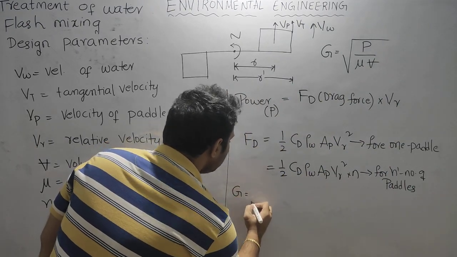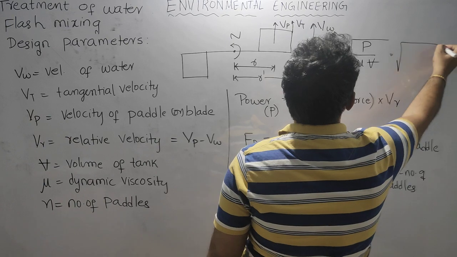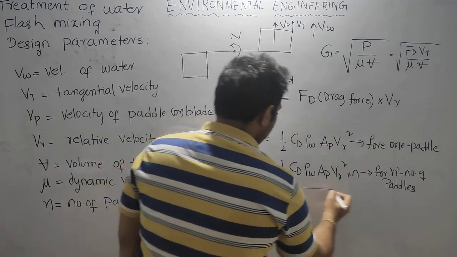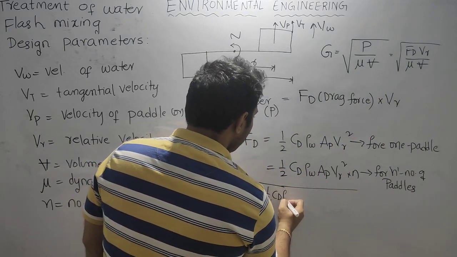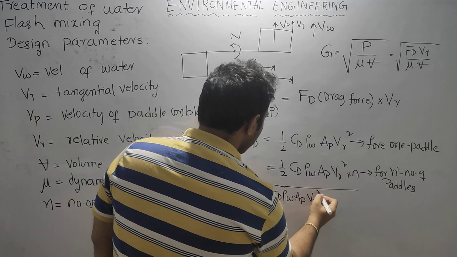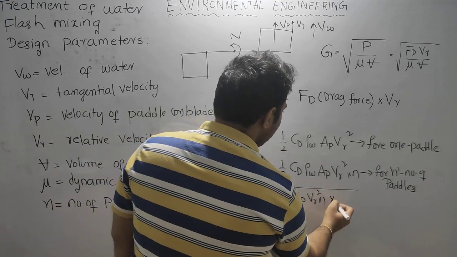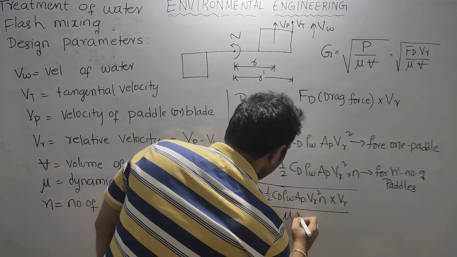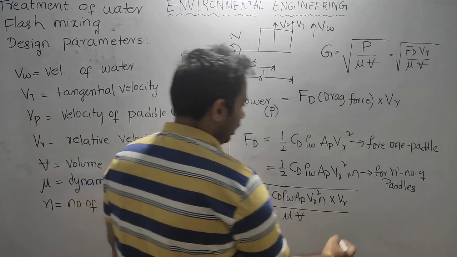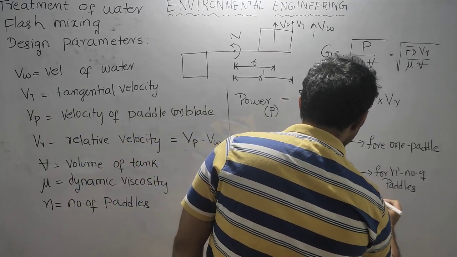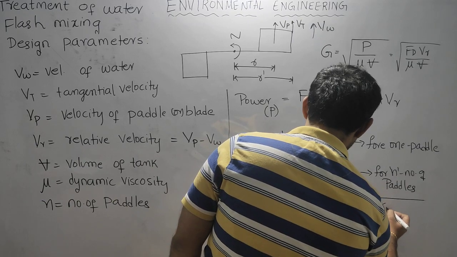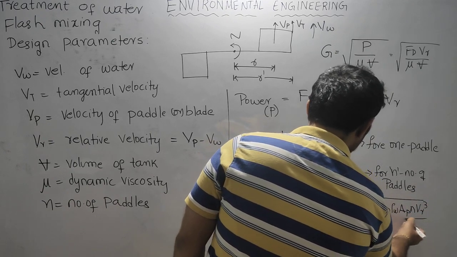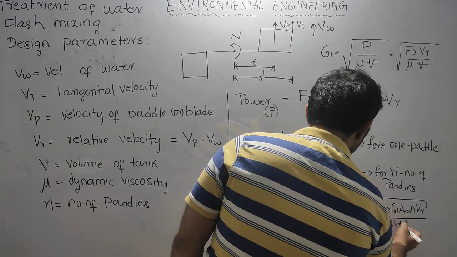So G is equal to the square root of 1/2 CD rho W Ap Vr cubed by mu into volume of the tank.